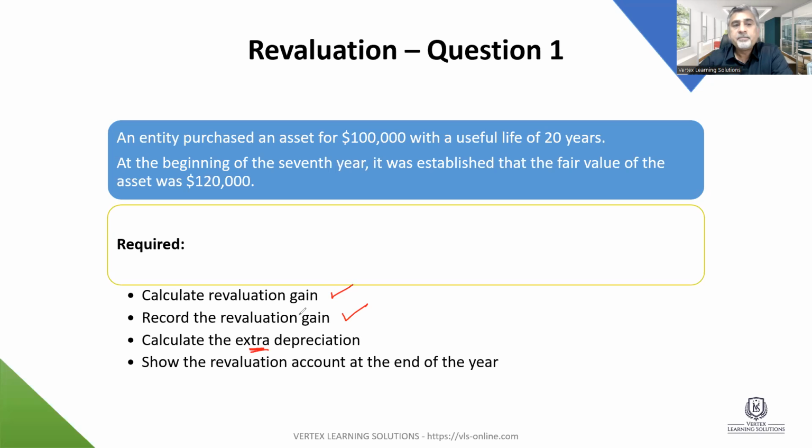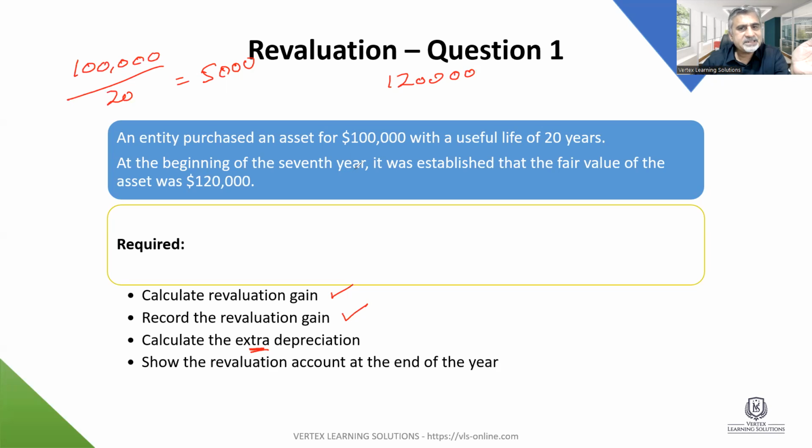Extra depreciation, because remember, before my asset was $100,000 and I was dividing it by 20 and calculating depreciation of 5,000. Now the value of the asset has increased. So naturally speaking, depreciation will also increase.